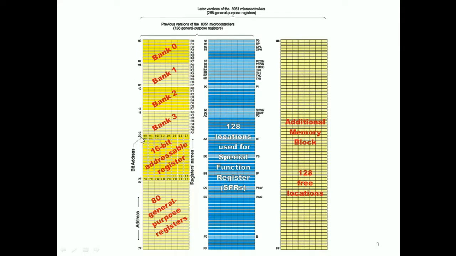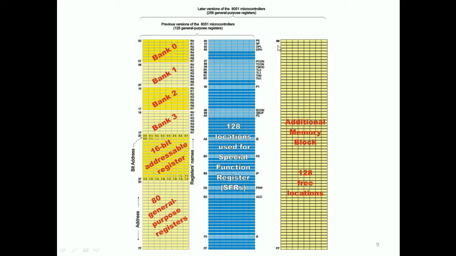And after 1F, from 20 to 2F, we have 16 bytes of bit addressable registers. And next, from 30 to 7F, we have 80 general purpose registers. And from 80 to FF, we have special function registers, and at the same time the port addresses are also available in this address location from 80 to FF.